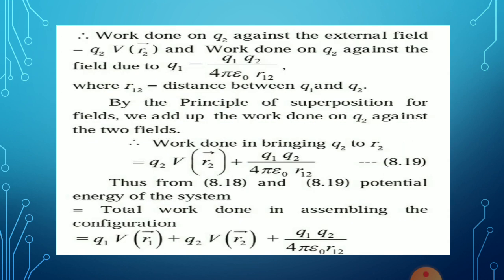Therefore, work done on Q2 against the external field equal to Q2 V of r2 bar, and work done on Q2 against the field due to Q1 charge equal to Q1 into Q2 upon 4 pi epsilon 0 into r12, where r12 equal to the distance between Q1 and Q2 charge.